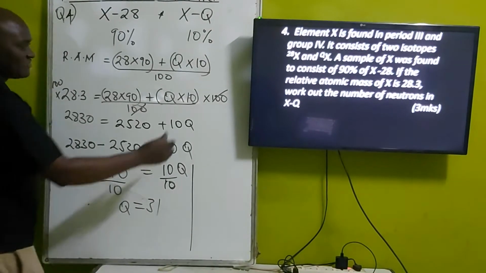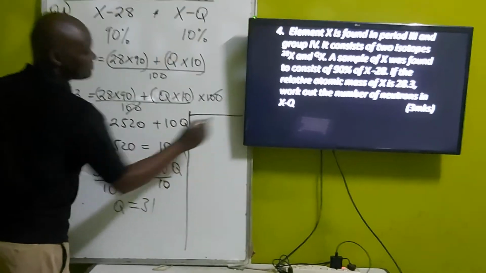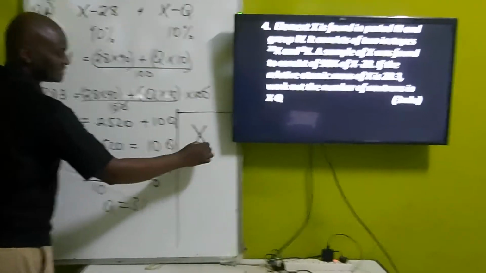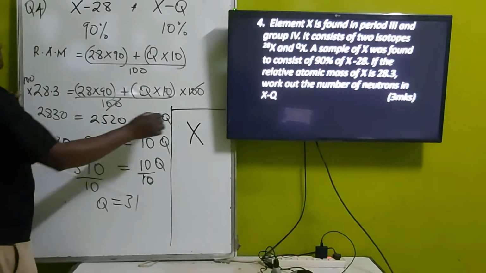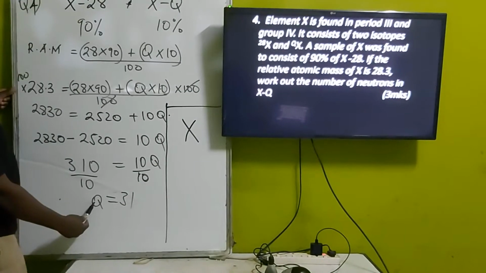Now remember what we learned last time, that when we are writing an element like element X, up here we write the mass number. So Q is the mass number, and Q is 31.